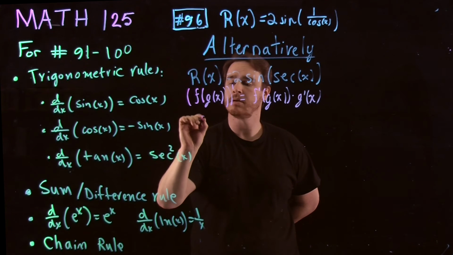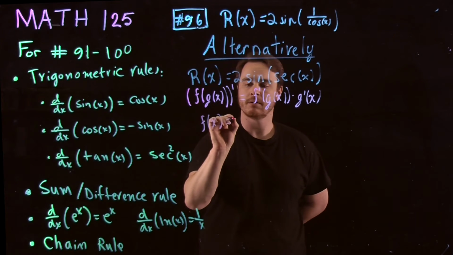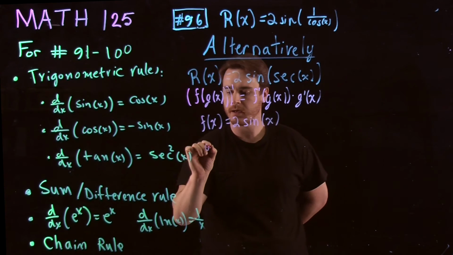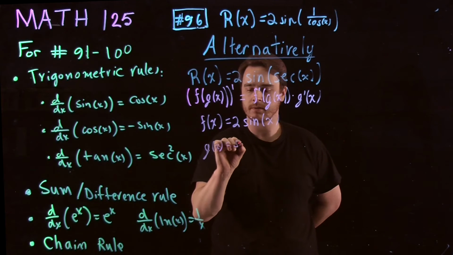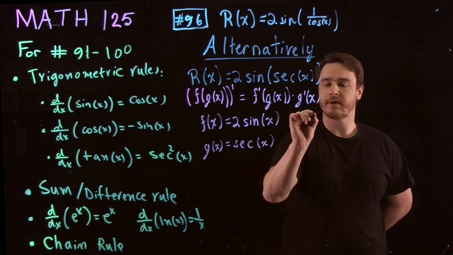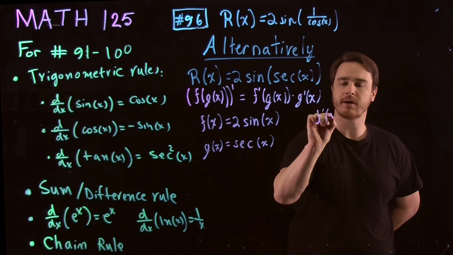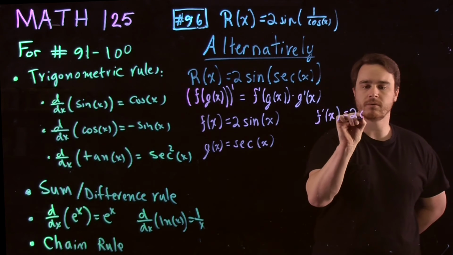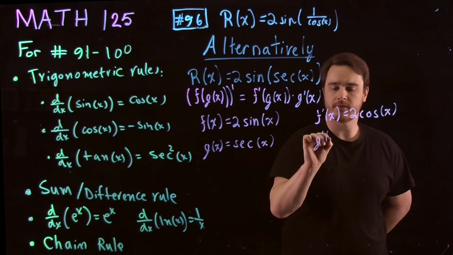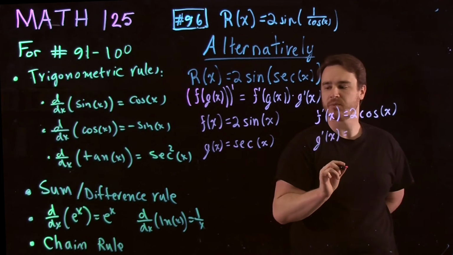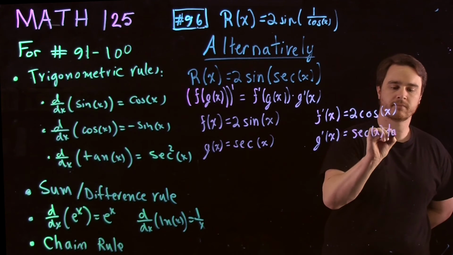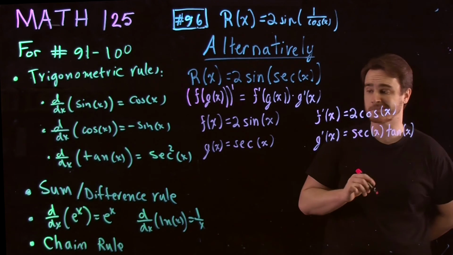Now in this case, my f of x is 2 sine of x, and my g of x is secant of x. So here, if f of x is 2 sine of x, then f prime of x is 2 cosine of x. Likewise, if g of x is secant of x, then we know that g prime of x is secant of x tangent of x.